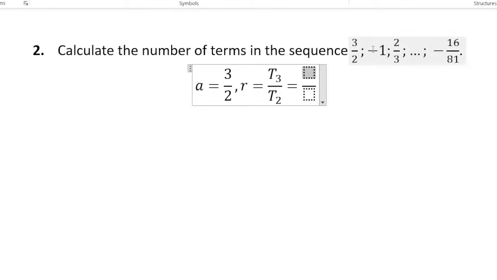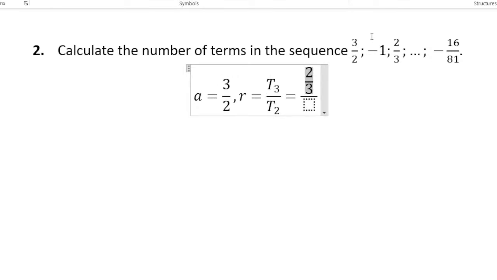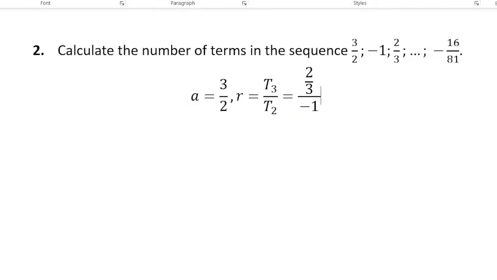Term 3 is 2 over 3, divided by negative 1. Remember, in maths, any number divided by 1 is equal to that number.